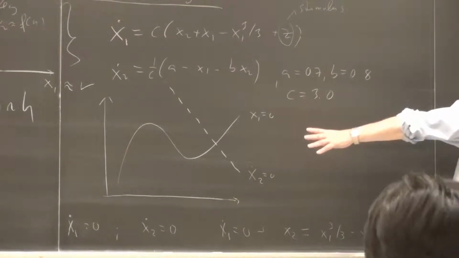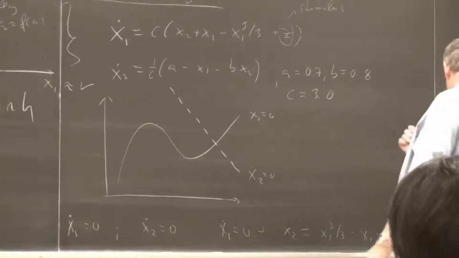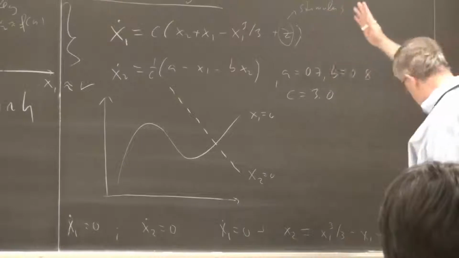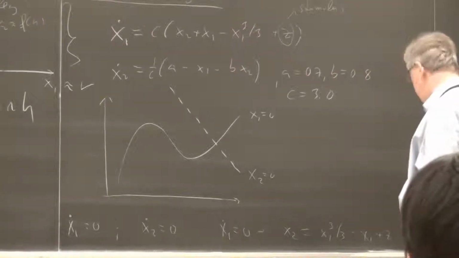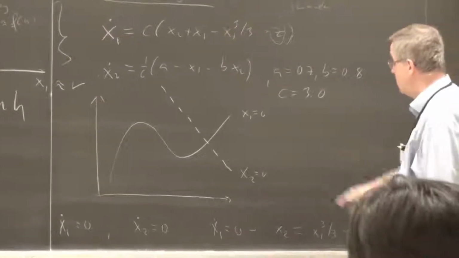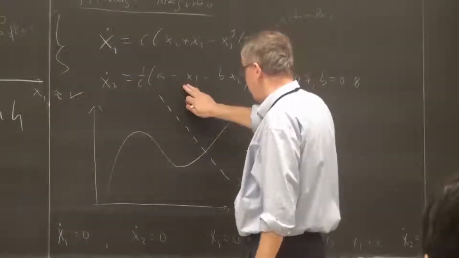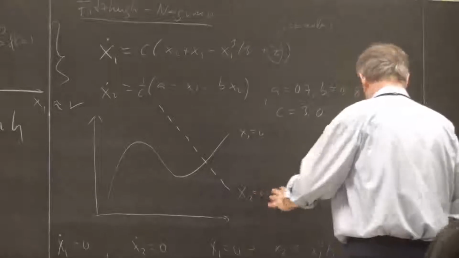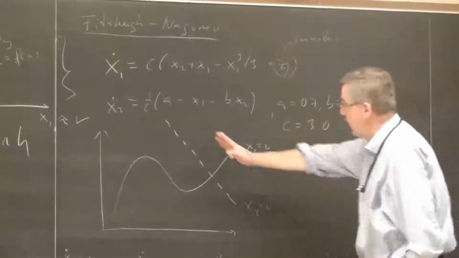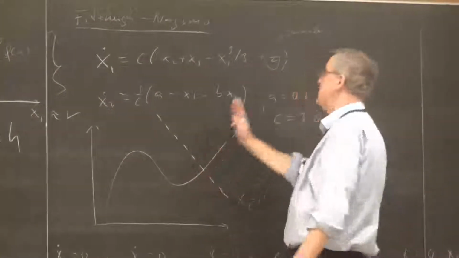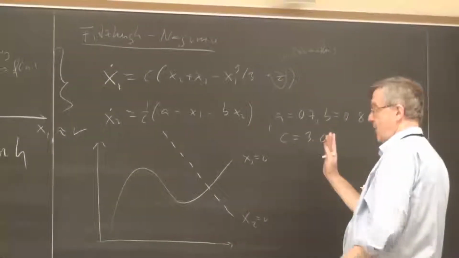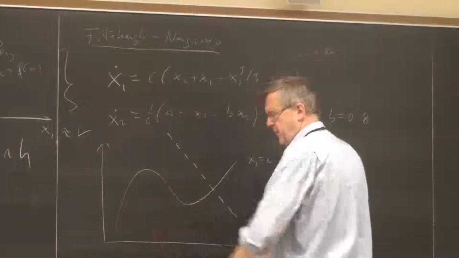It's important because for large x1, x2 is negative, and at this point x2 is 0. For larger x1 it's negative, and for smaller it's positive.